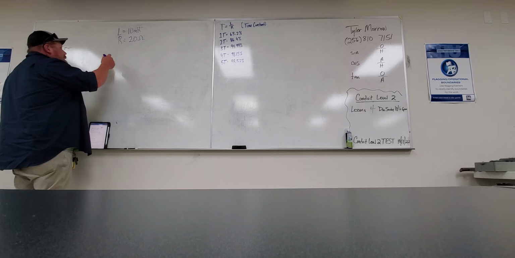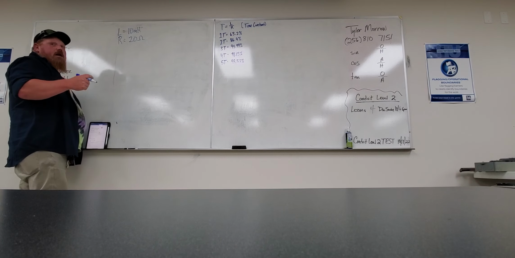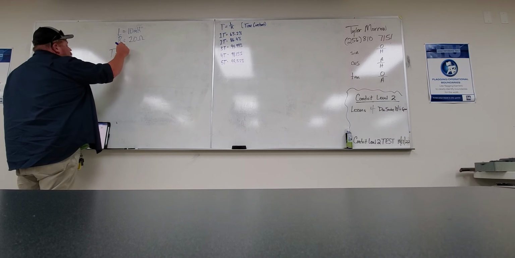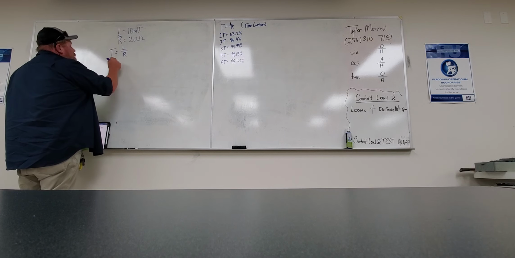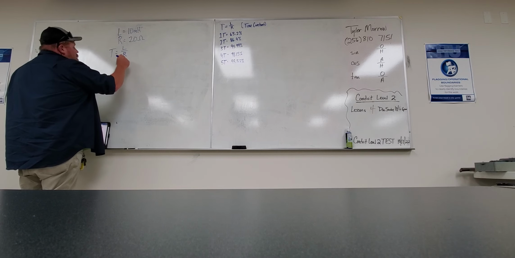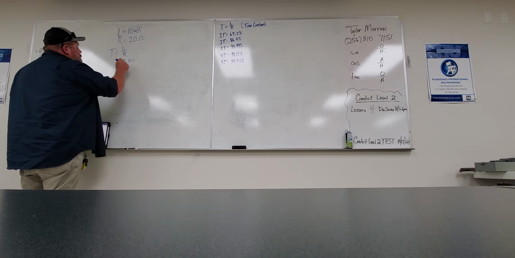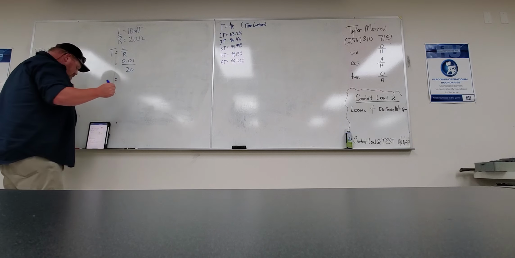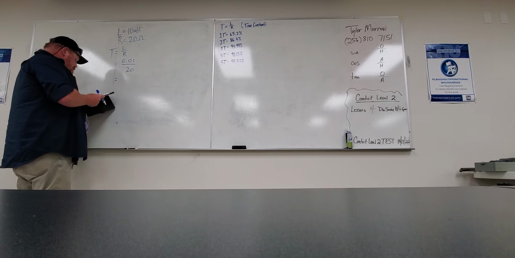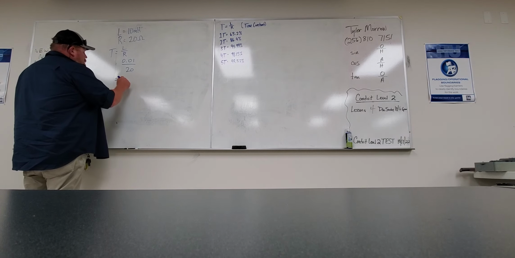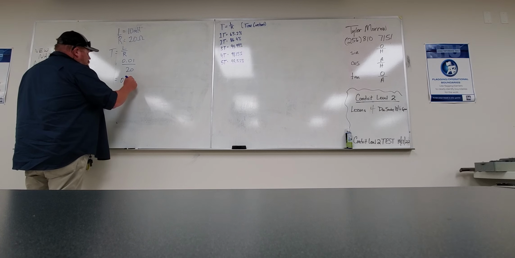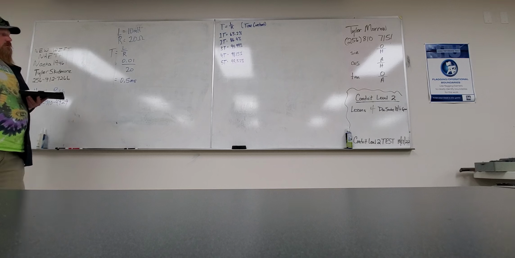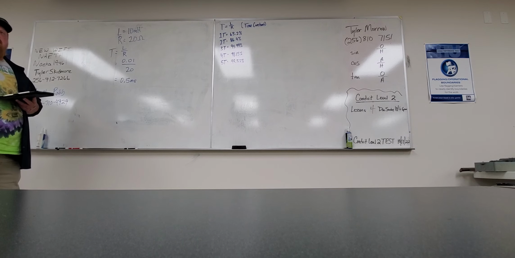Our first step, we've got to figure out how long one time constant is. One time constant is going to be half of a millisecond.